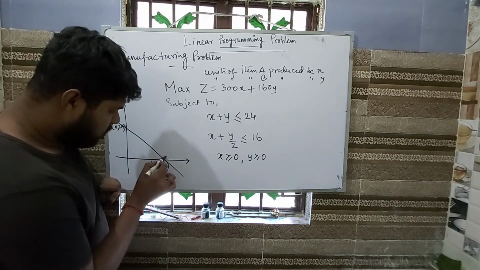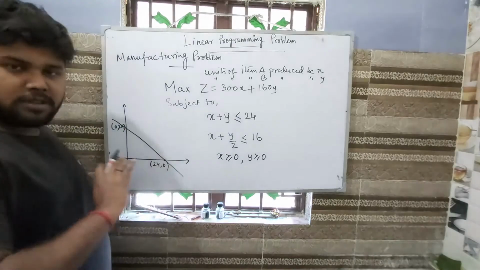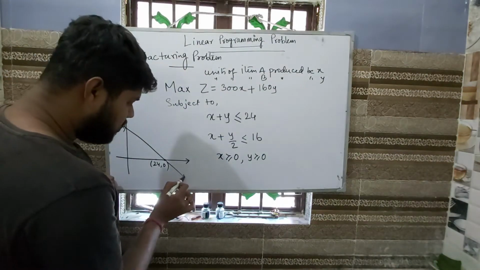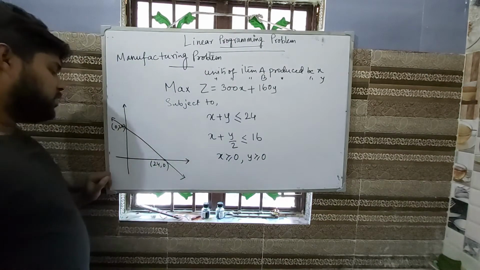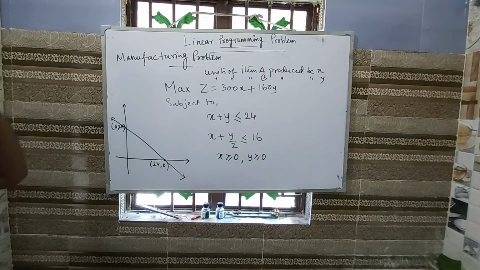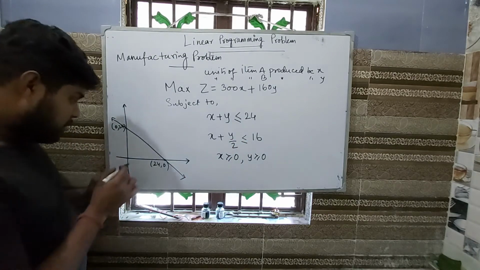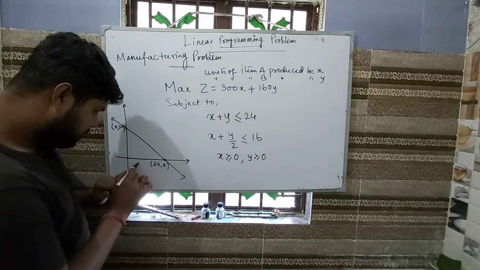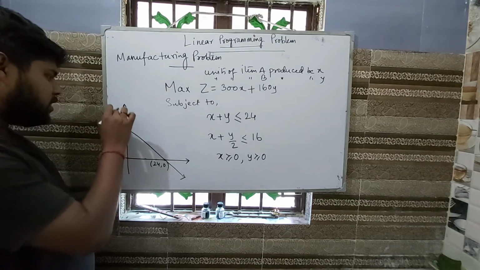Fine. Now this is x by 16, y by 32. So x by 16 is somewhere here and y by 32 will be somewhere here.